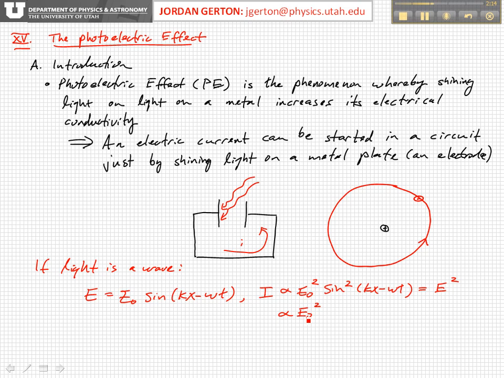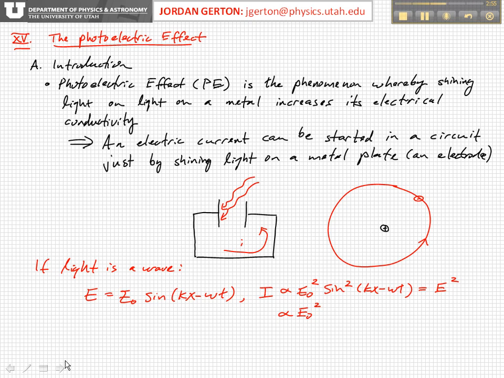Furthermore, the dependence on the frequency of the wave, which is inversely related to the wavelength, drops out of this picture, because when you square the electric field to get an intensity, the frequency dependence drops out. So this minimum threshold intensity that would generate a photoelectric current would not depend on the frequency. That's basically what you would expect if light were purely a wave, in terms of how the current through the circuit would depend on the electric field, on the intensity.